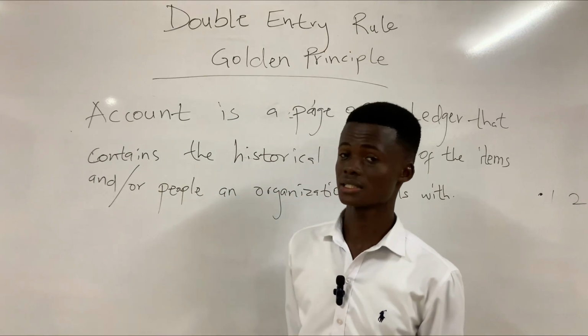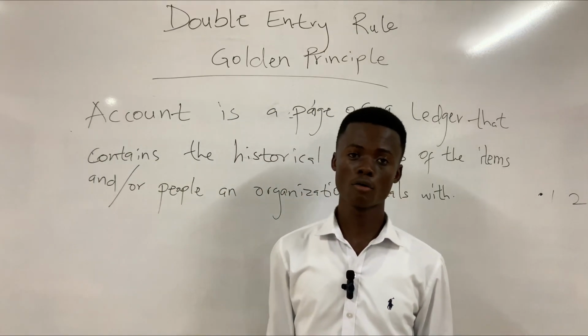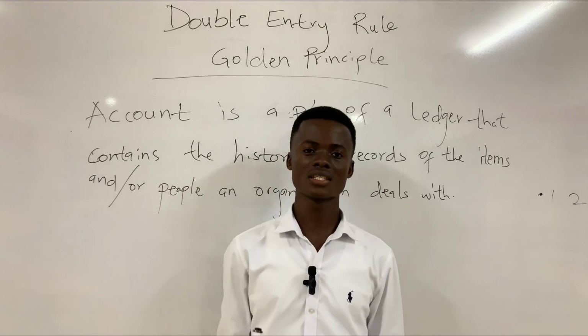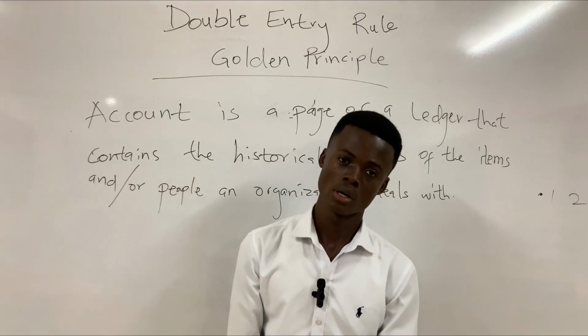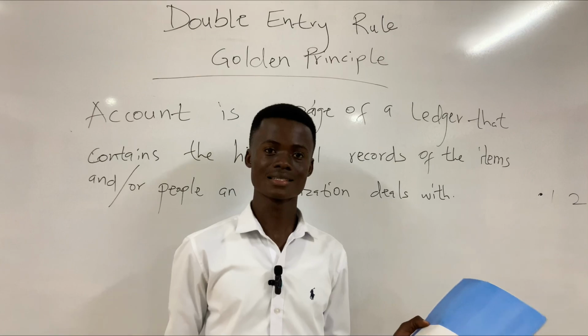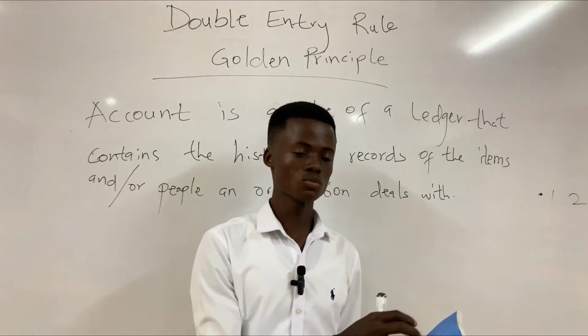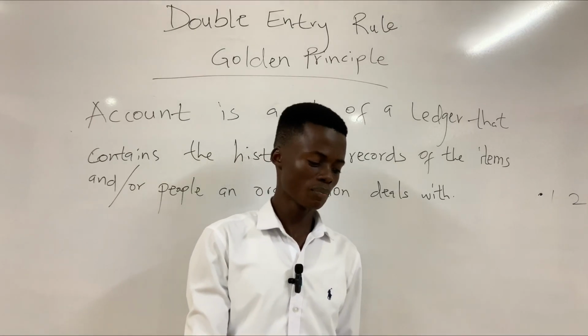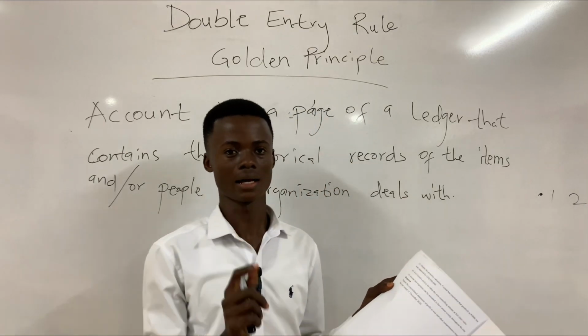When we say a page of a ledger, it means that the ledger itself is a full book and an account is a page of a ledger. So this full book could be considered as a ledger. Assuming we name this book as the sales ledger, every single page of this book is an account.